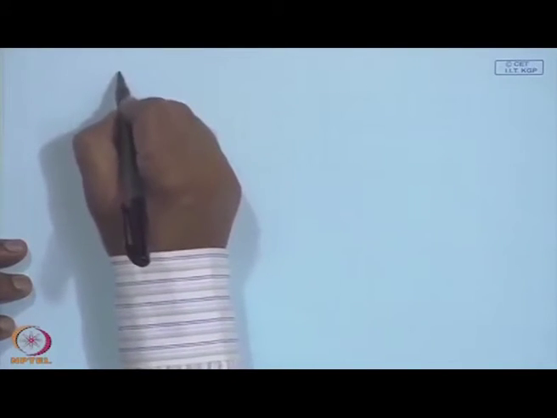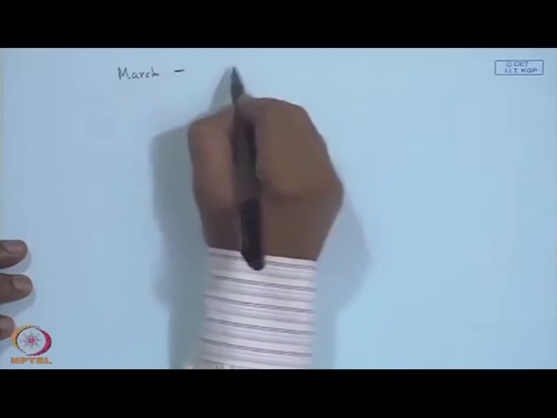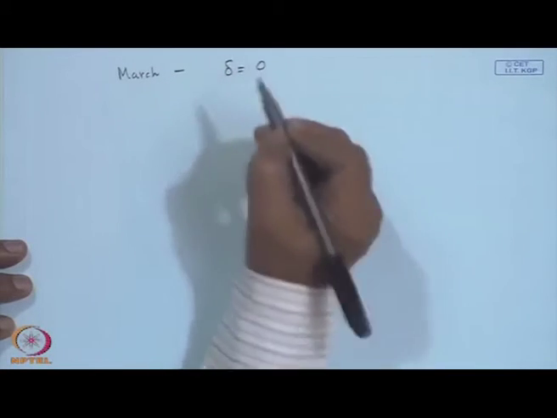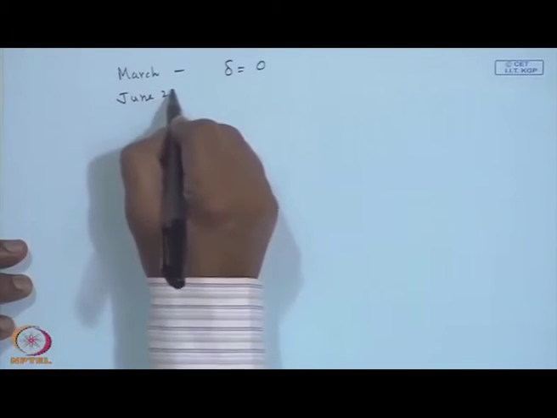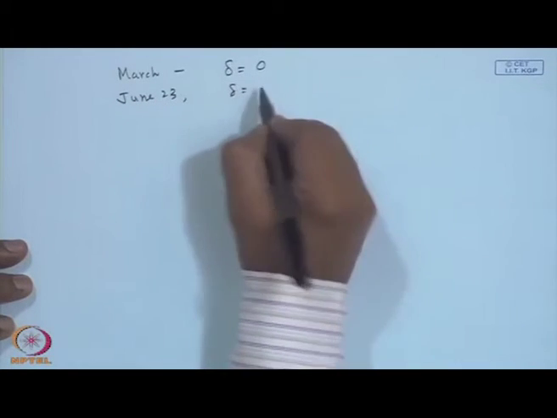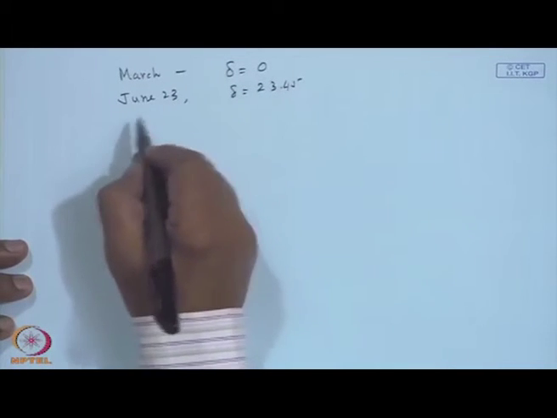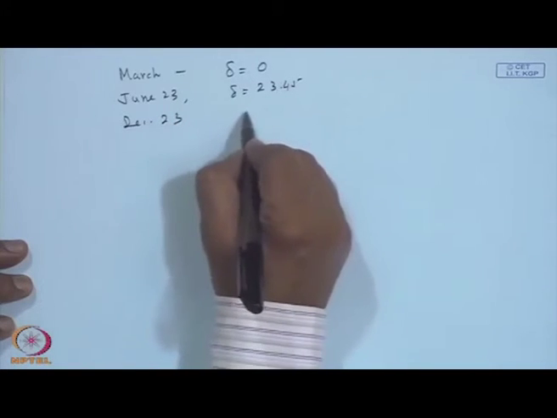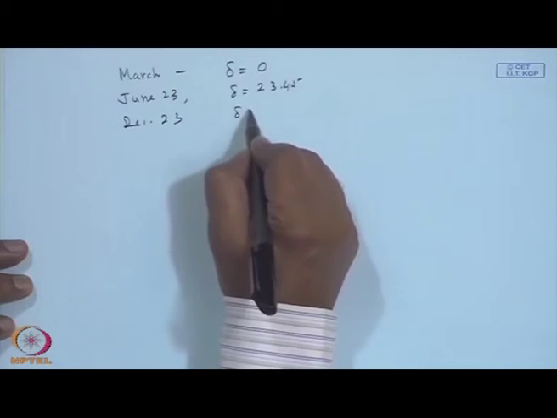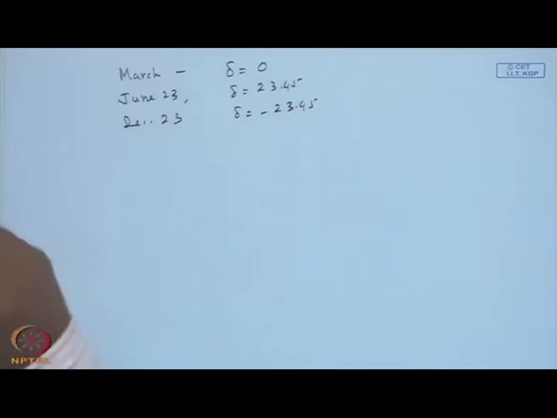I will write down the declinations first. Equal to 0, June, maximum positive 23.45, December is the negative extremum. Okay.